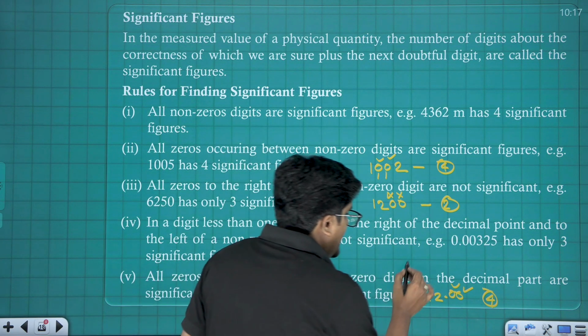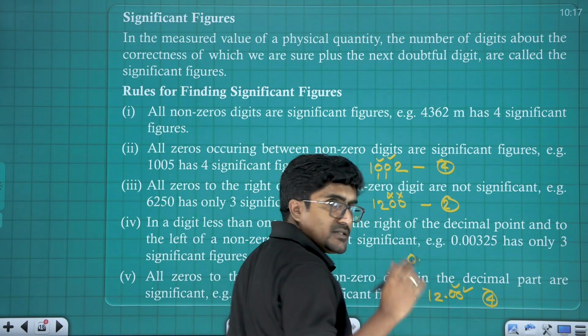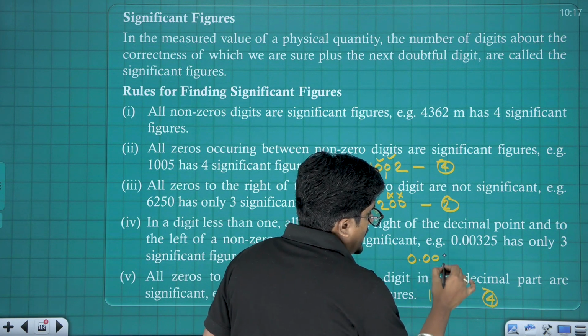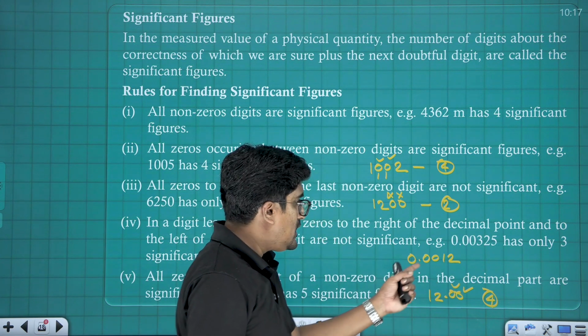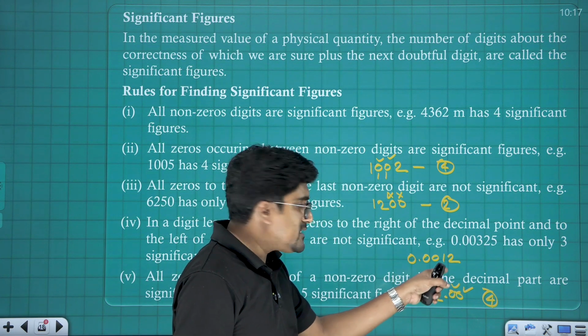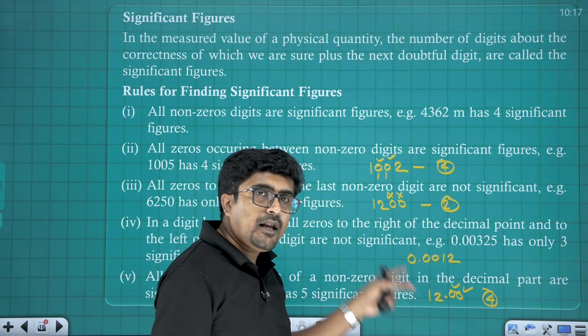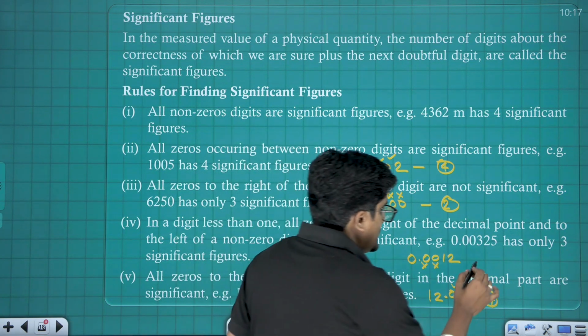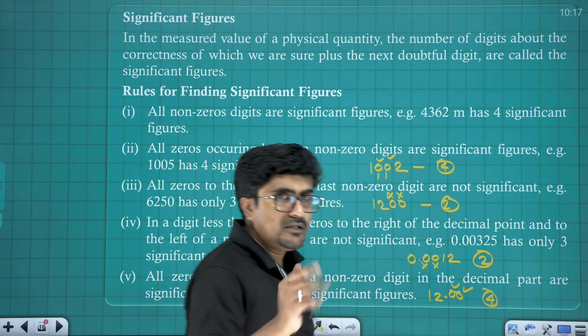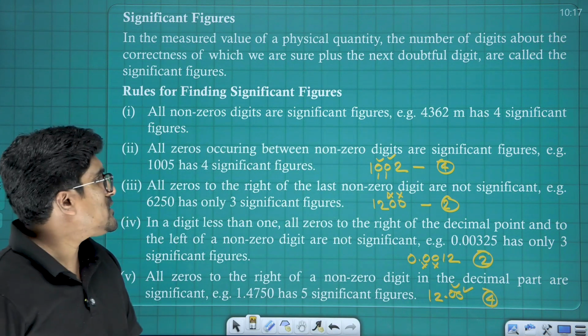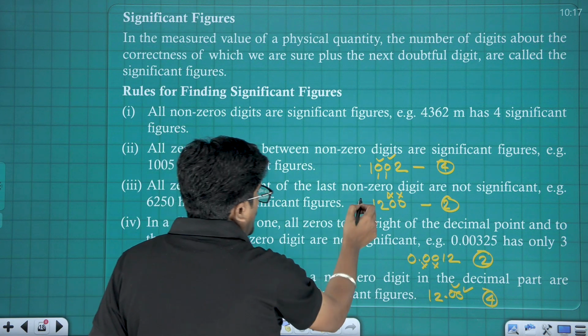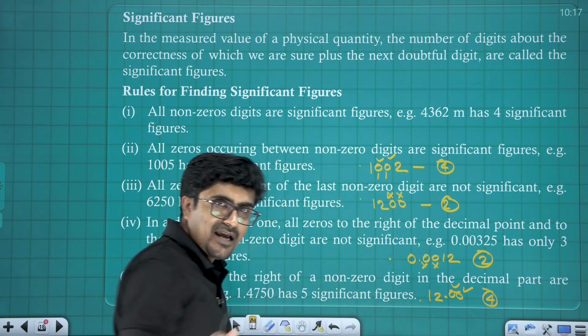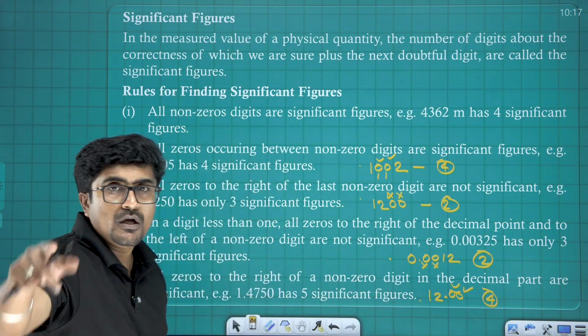Now I am going to take another case, that is 0.0012. That means zeros just after the decimal and in front of a non-zero digit. These two are non-significant. That means here the number of significant figures is just 2. These are the most important 4 points that you must understand while dealing with questions related to significant figures.